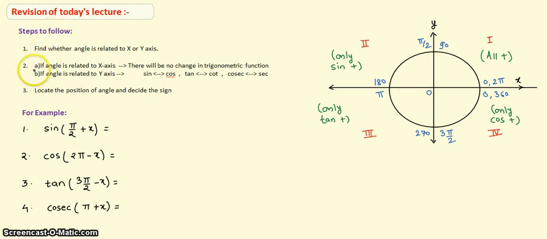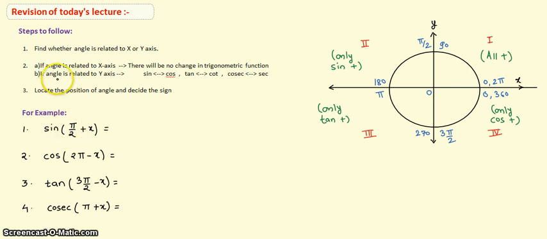Now once we have found whether it is related to the x or y axis, step number 2 is, if the angle is related to the x axis, there will be no change in the trigonometric function. For example, suppose sine pi by 2 plus x. Pi by 2 is related to which axis? Y axis.